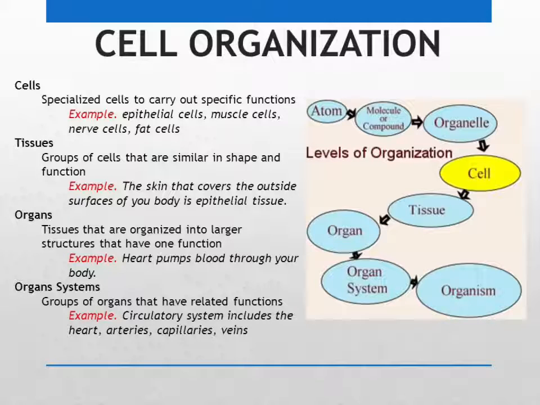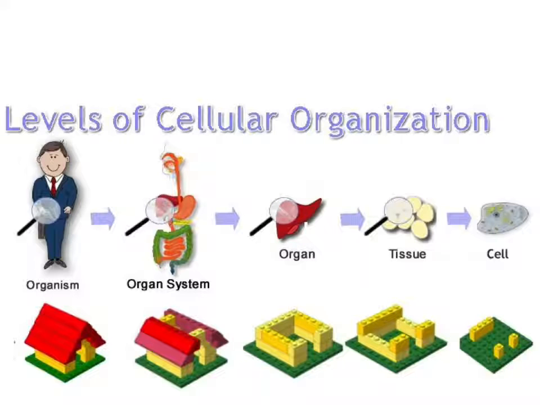Whereas most organisms are made up of millions of cells. These are called multicellular organisms. For example, human being, housefly, dog, horse, rose, mango and pea plant are examples of multicellular organisms.